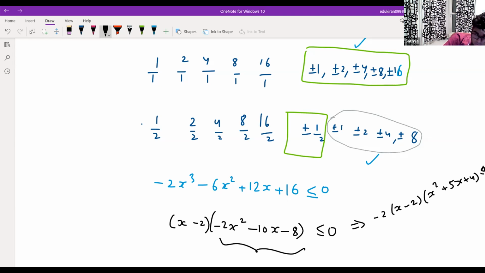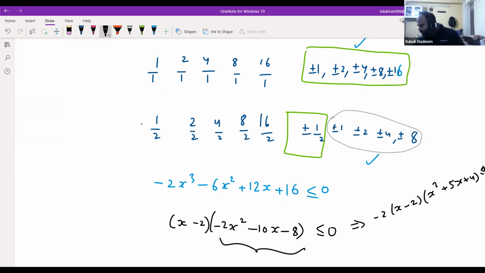x plus 1 and x plus 4, you know. So x plus 1 into x plus 4 equals 0.